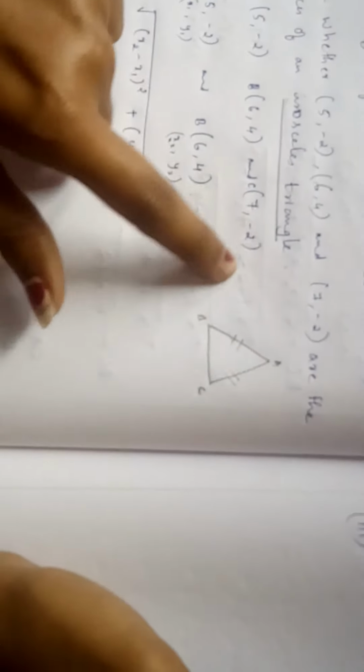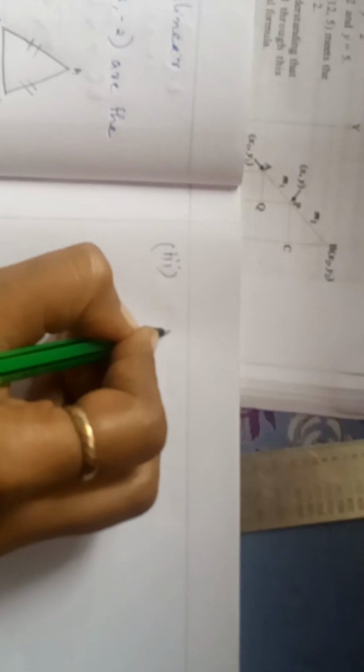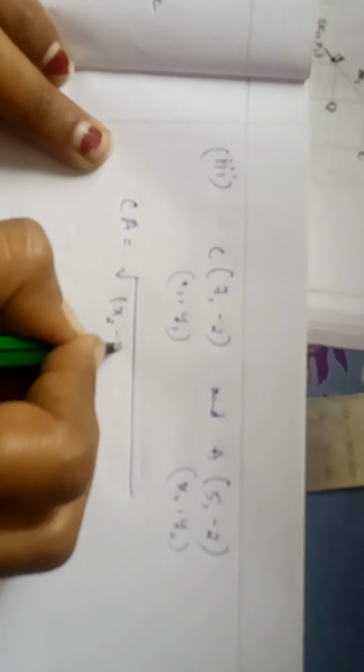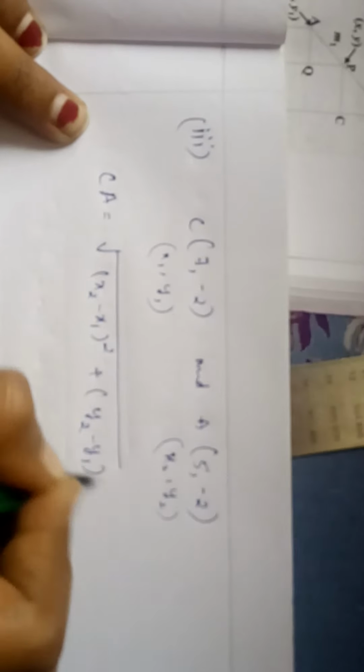Next step, third step. In the third step, you need to consider CA. C is 7 comma minus 2 and A is 5 comma minus 2. This is x1, y1 and x2, y2. CA is equal to square root of (x2 minus x1) whole square plus (y2 minus y1) whole square.